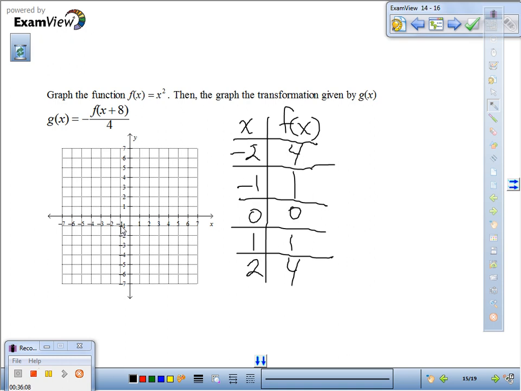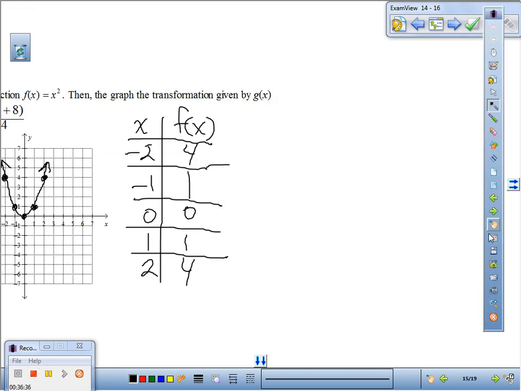Let's plot those points. -2, 4; -1, 1; 0, 0; 1, 1; and 2, 4. Sketch your parabola. All right, there it is. Piece of cake up to right there, yes? All right, now we need to do the transformation. So, this is what I want you to do.